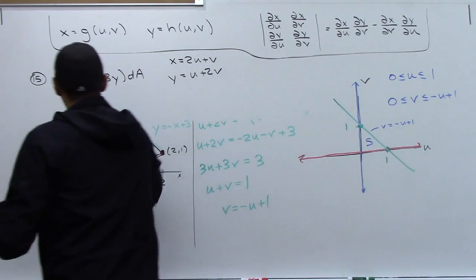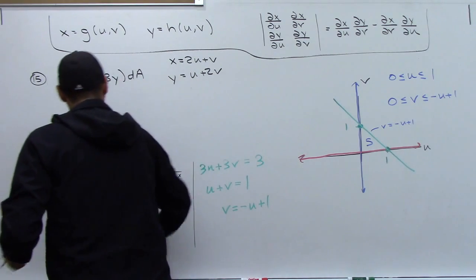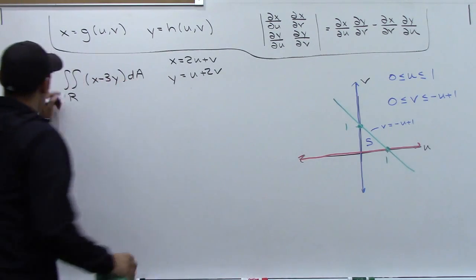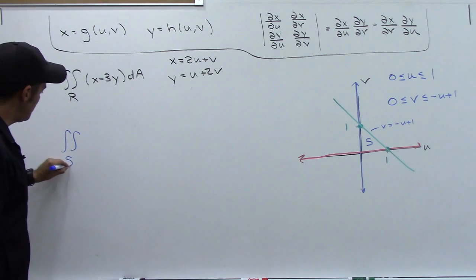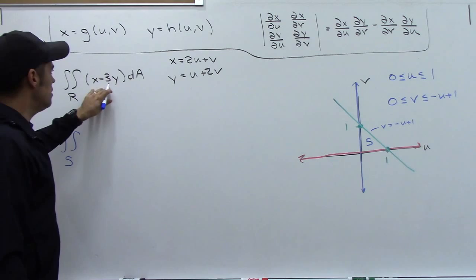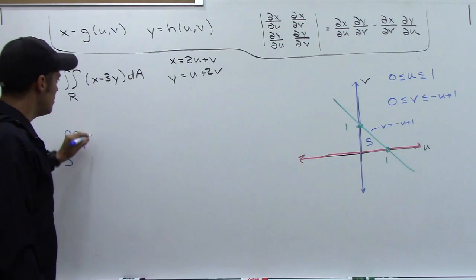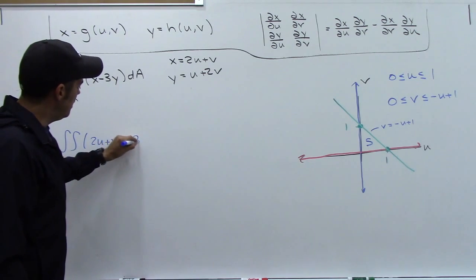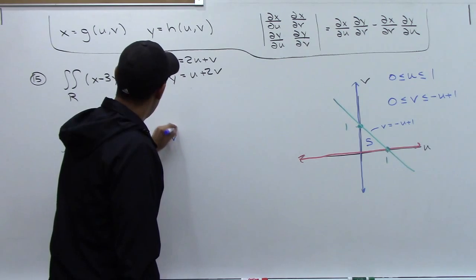What I need to do now is convert the double integral. So for this double integral, it's going to go from integrating over R to integrating over S. It'll be this function with this substitution in it. So it'll be x, which was 2u plus v, minus 3 times y, which was u plus 2v.